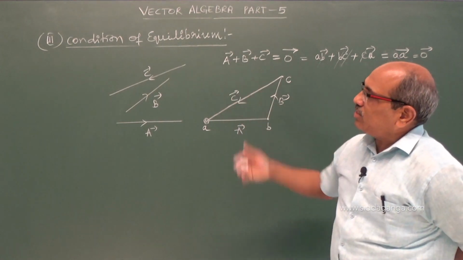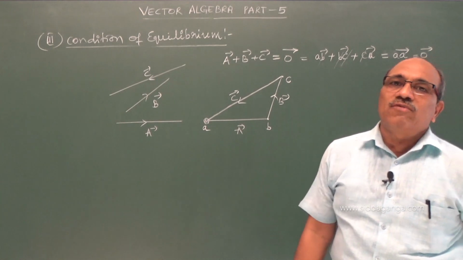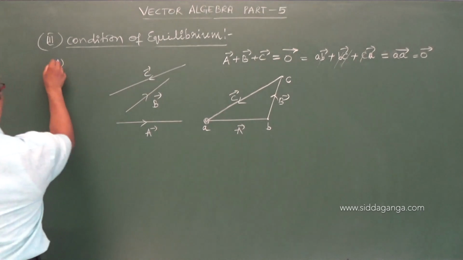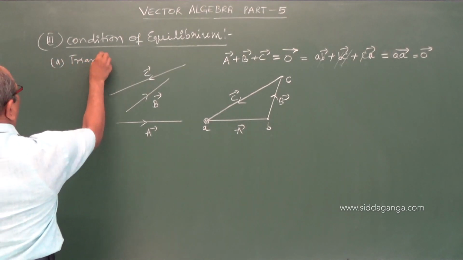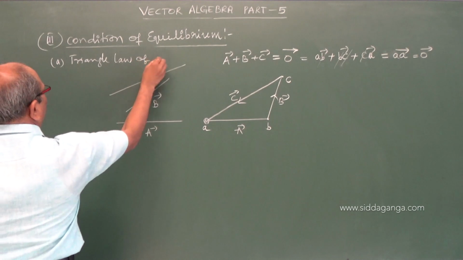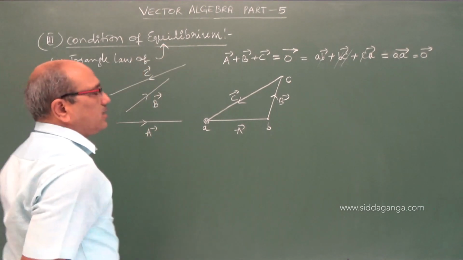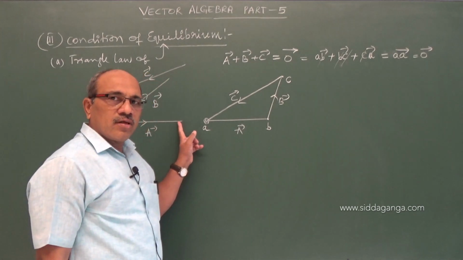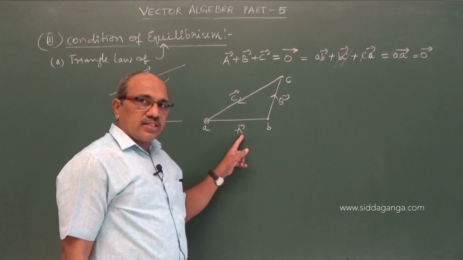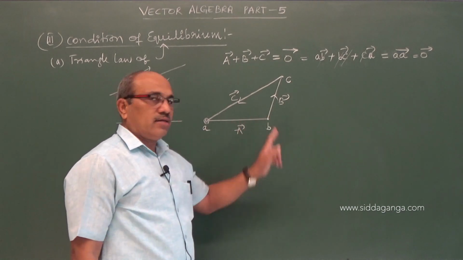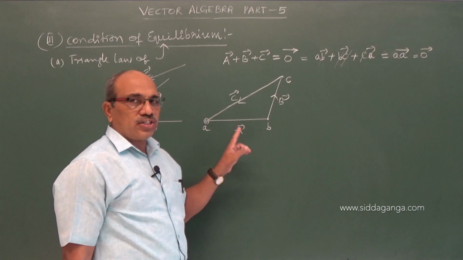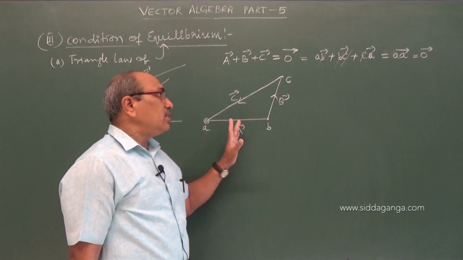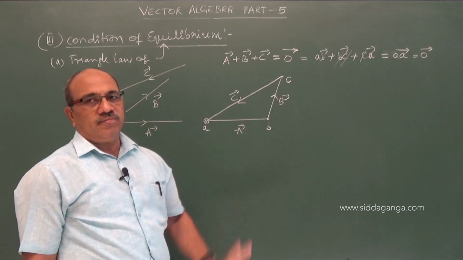Now the law, the triangle law of equilibrium. What does it say? If the given vectors are represented as 3 sides of a triangle, both in magnitude and direction, in the same order, then the system is under equilibrium.